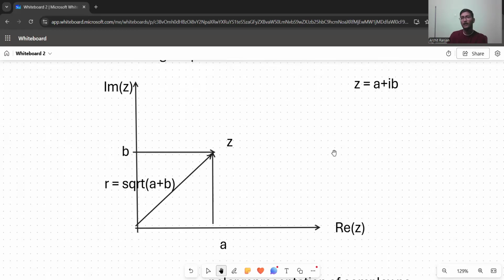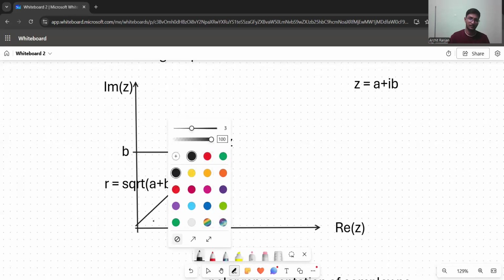And from here, what about this angle? There's an angle that is subtended by this complex number z on the real axis. Let us say it is theta.